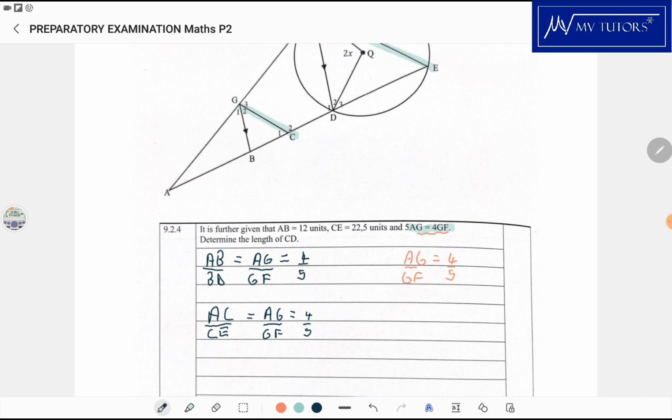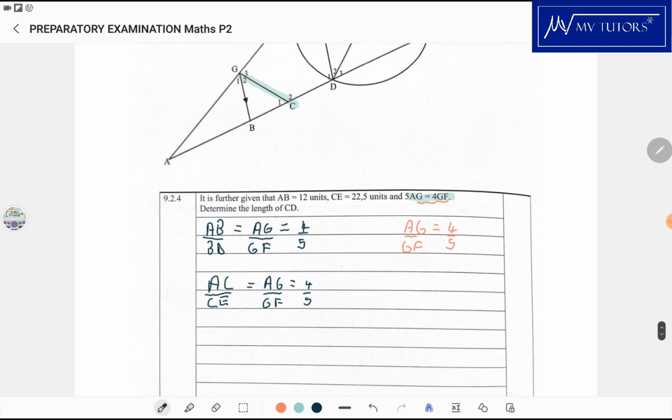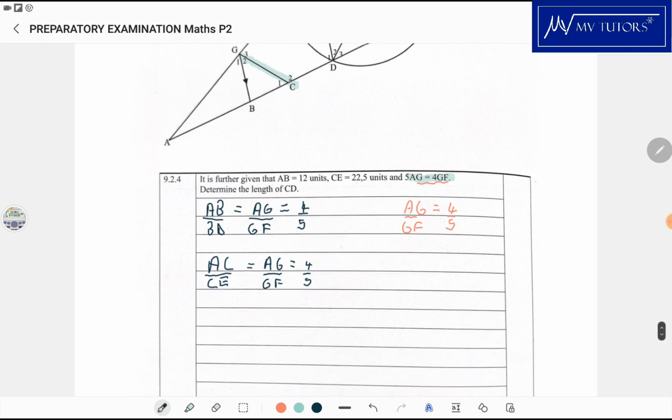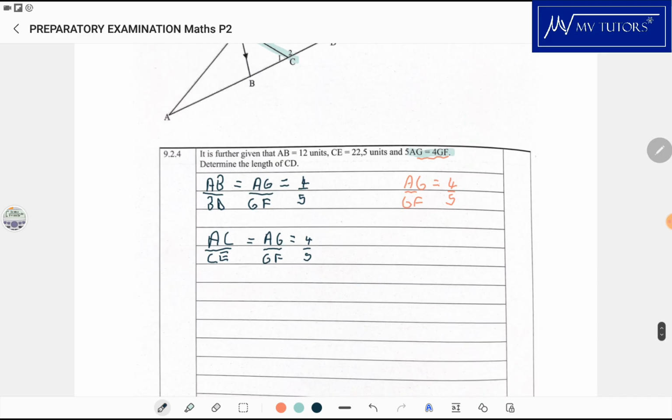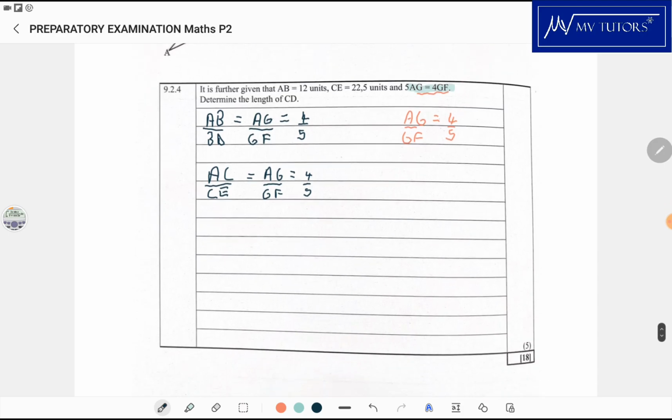That's it. So now I'm able to substitute the numbers associated with this. I'm given AB is 12 units, so I'll start right there. I know based on what I'm given that AB is 12, going to the first condition, over BD.